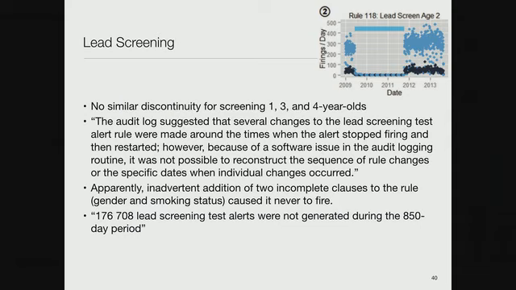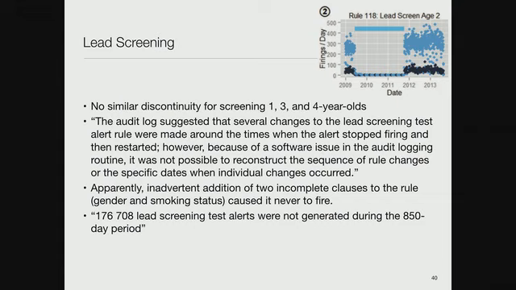They never did quite figure out what happened here, but something added 2 incomplete clauses to the rule having to do with gender and smoking status. But the clauses were incomplete, and so they were actually looking for the case of neither the gender nor the smoking status having been specified. So smoking status for a 2-year-old, you could imagine, is not often specified, but gender typically is.